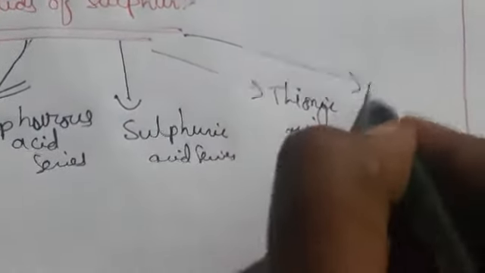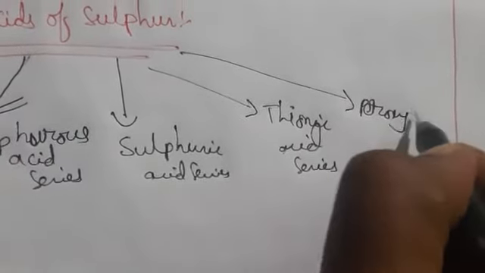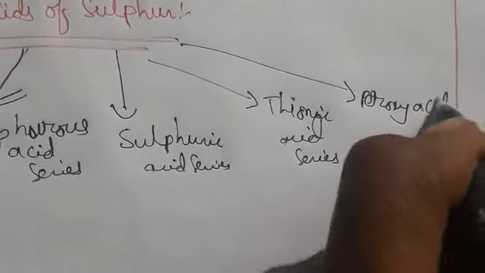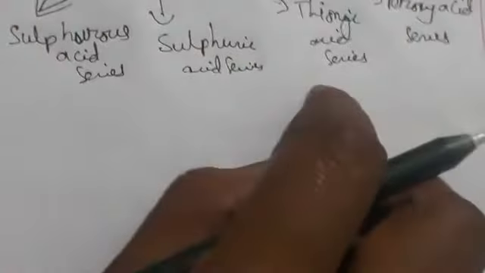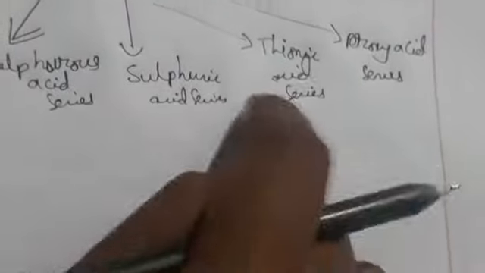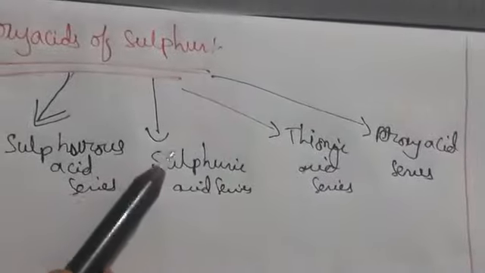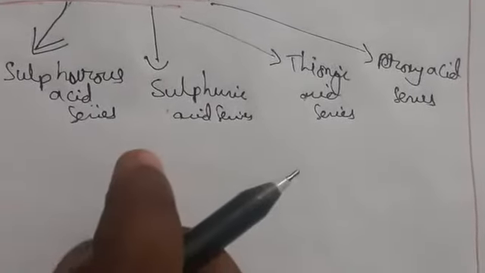And coming to fourth one, peroxy acid series. So here these are the 4 types of the series, that is sulfurous, sulfuric, thionic, peroxy acid series.